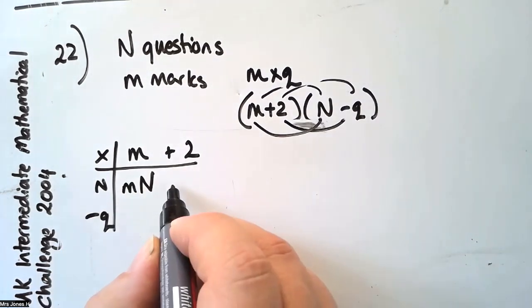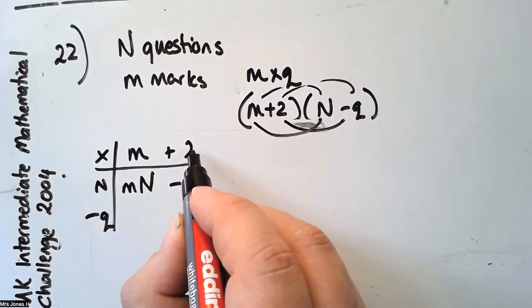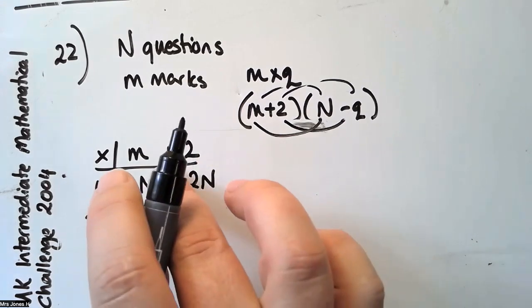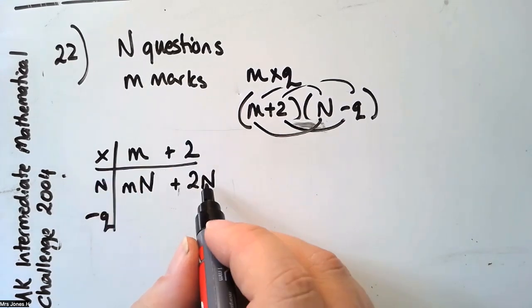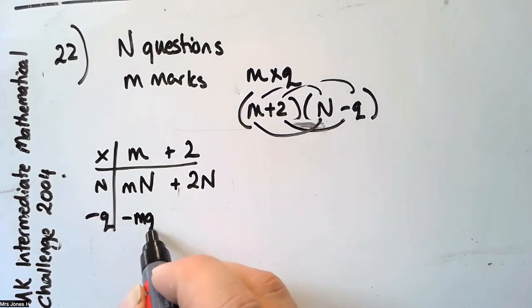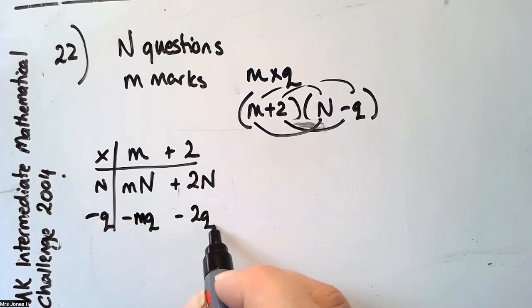So mn, add 2n, and then I've got negative mq or qm, and then negative 2q.